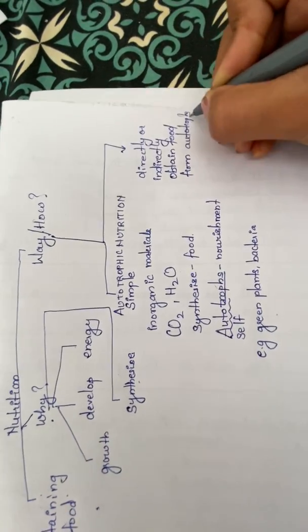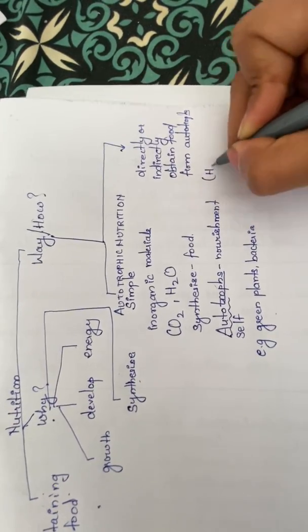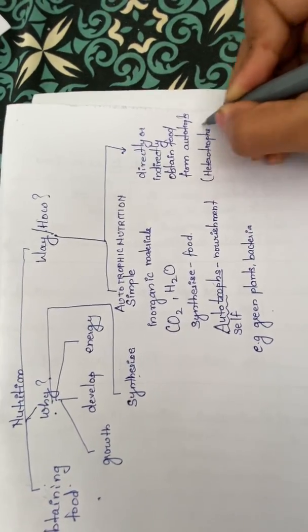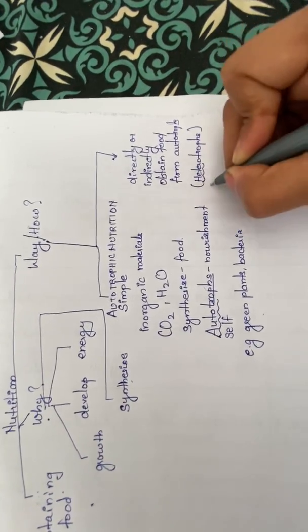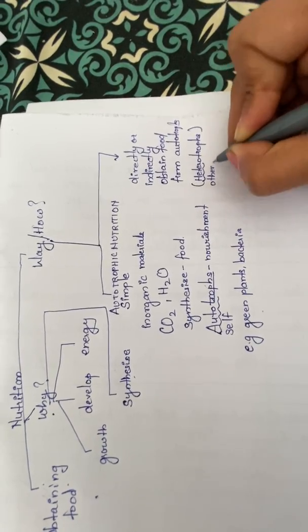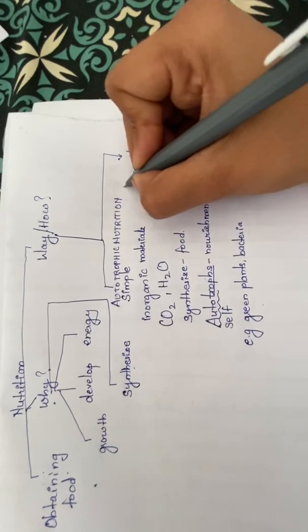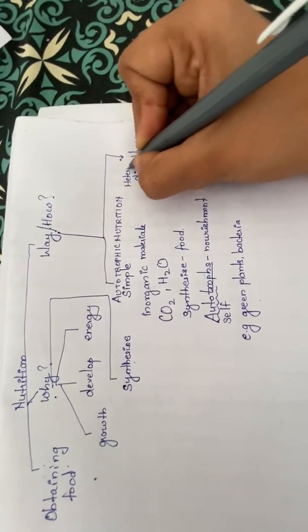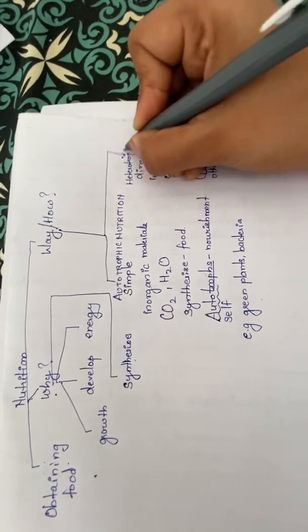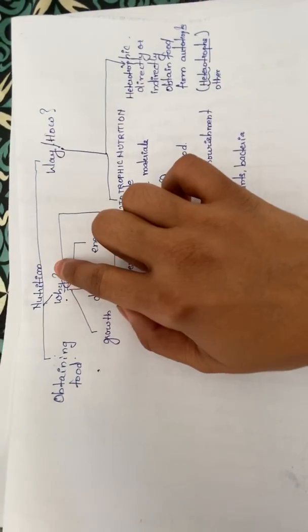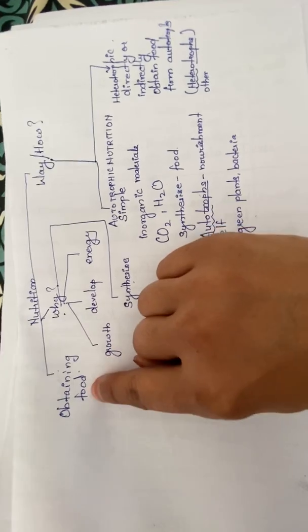These group of organisms are called heterotrophs. Why heterotrophs? Hetero means other, that is from other they take nourishment, and such mode of nutrition is called heterotrophic mode of nutrition.